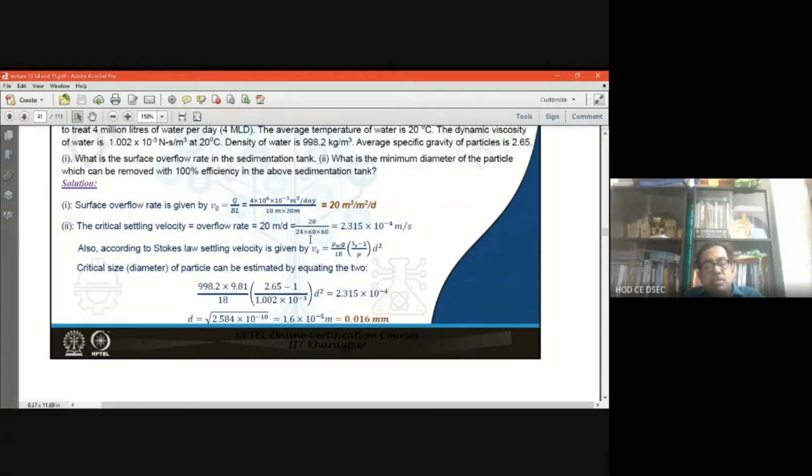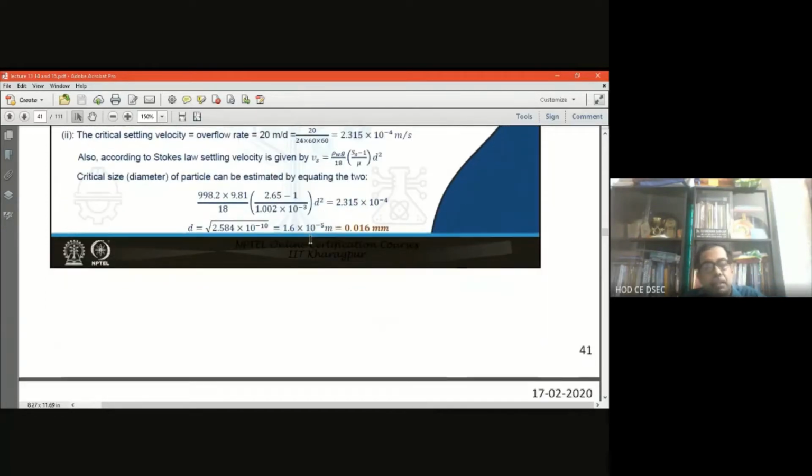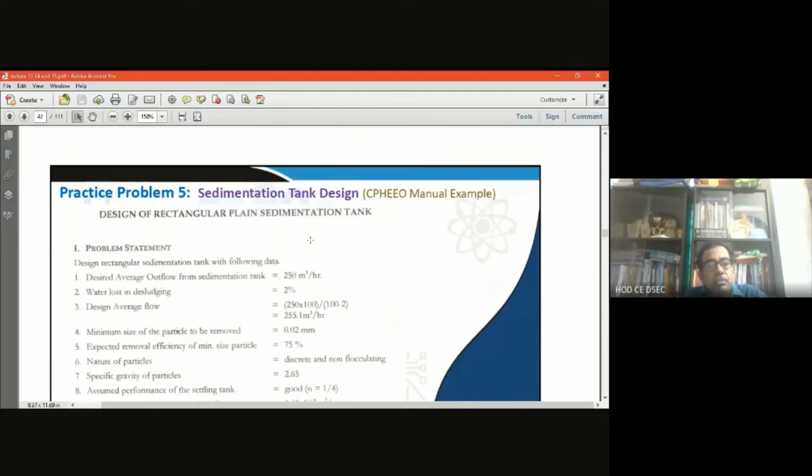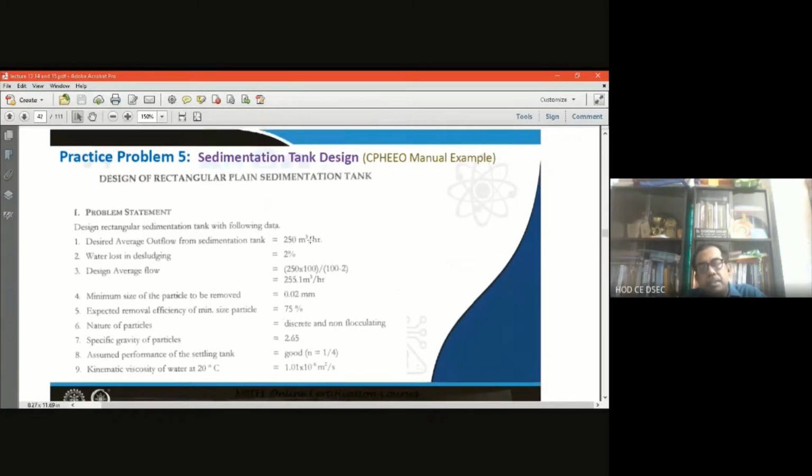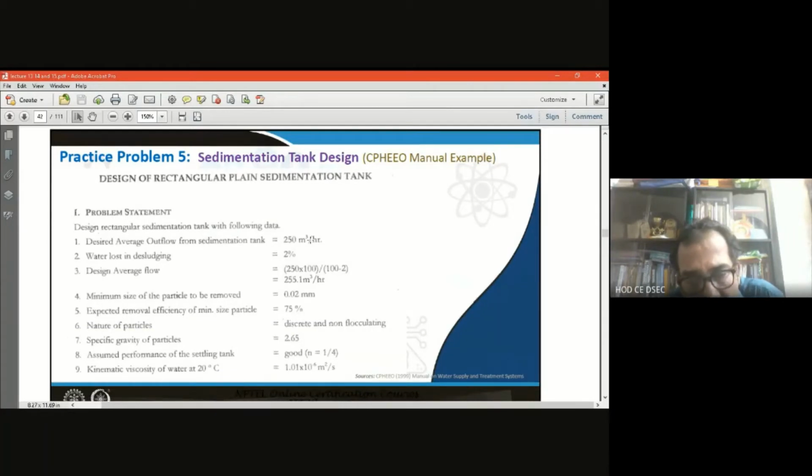So equating these two equations, we can easily find out d, the unknown on the left hand side. So d equals 0.016 millimeter. So we have applied the concept that for 100% efficiency, V0 or VC is equal to Vs. Equating this, we have found out the diameter of the particle.